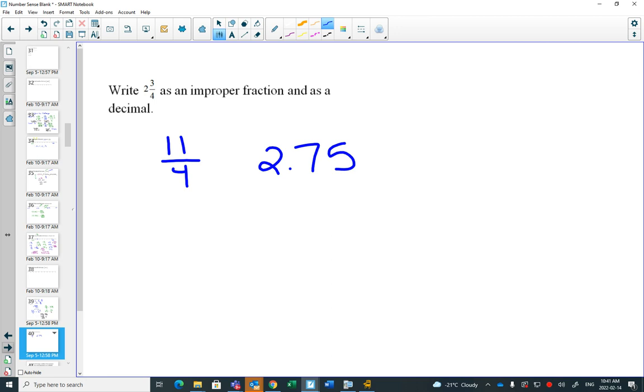How about I'll give you one more. I'm going to give you an improper fraction. You have to write it as a mixed fraction and then tell me the decimal. How about we do 61/9?